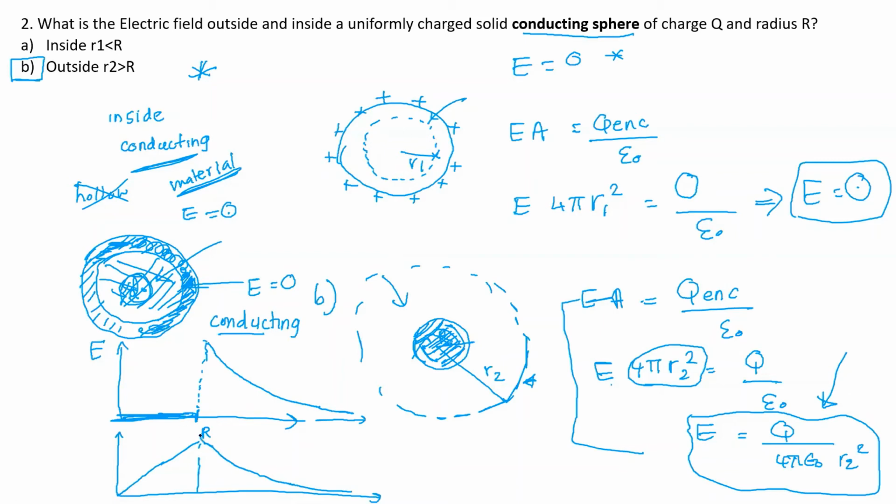In your answer that you have circled, on the bottom it's 4 pi epsilon naught R to the power 2. So are you okay with these two diagrams? These are very important. This is for a conducting, this is for an insulating.